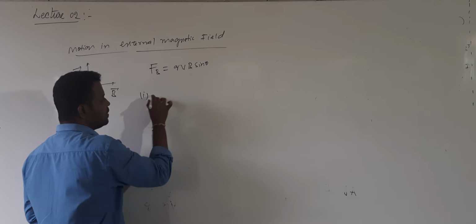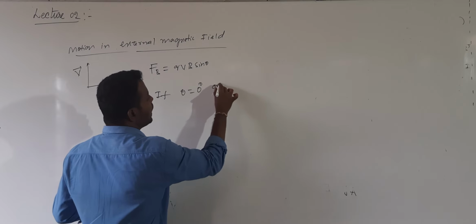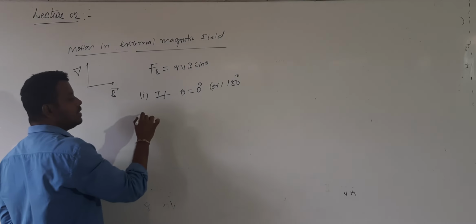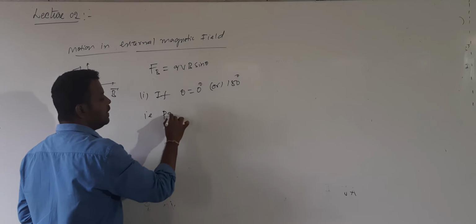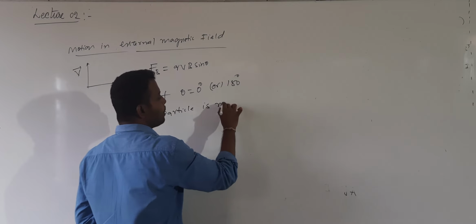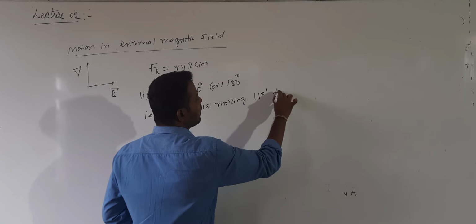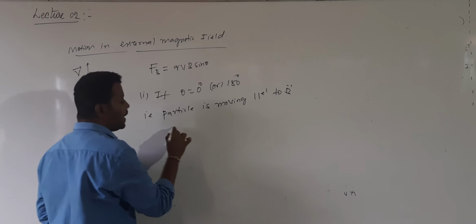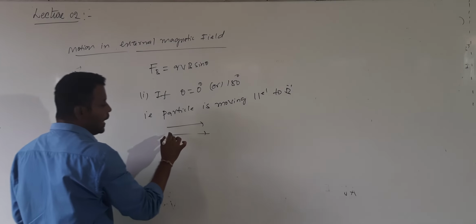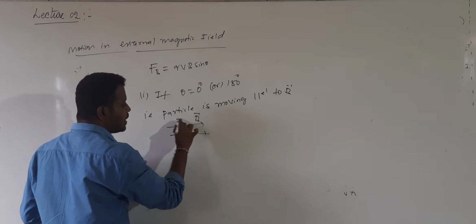Yesterday we saw the first case: whenever theta is equal to either 0 or 180, the particle is moving parallel to B bar. B bar is like this, and the particle is also moving in the same direction as B bar.